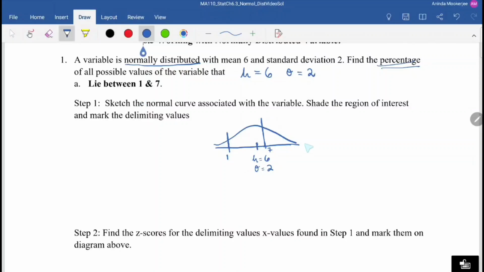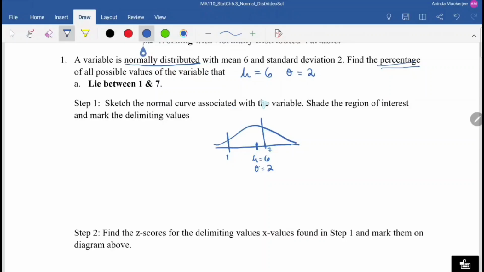So we have drawn our figure. We have shown where the mean is, better be right at the center. We've shown where 7 would be relative to the mean, where 1 would be relative to the mean. 1 is less than 6, so it will be to the left of 6, and 7 is greater than 6, so it is slightly to the right.